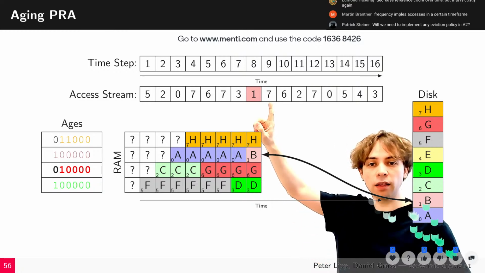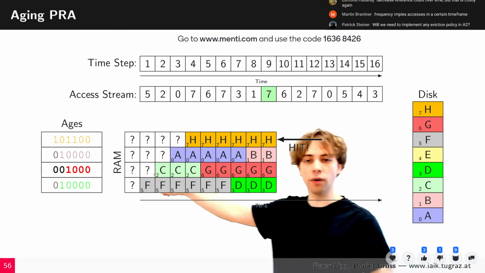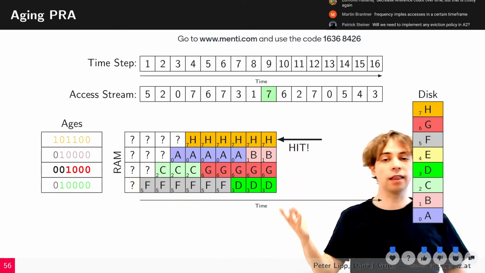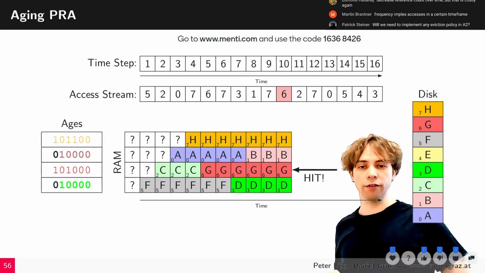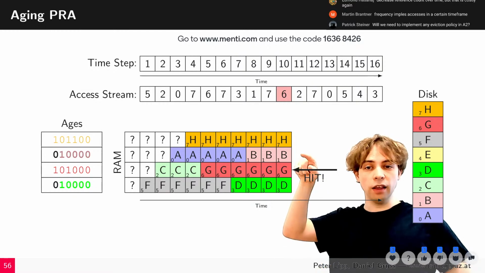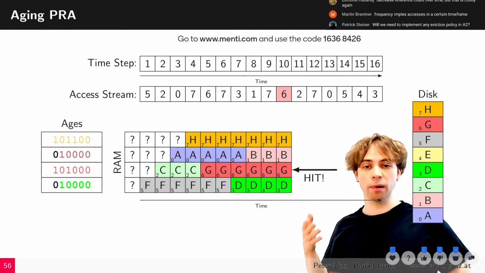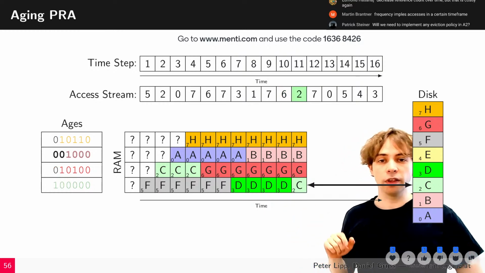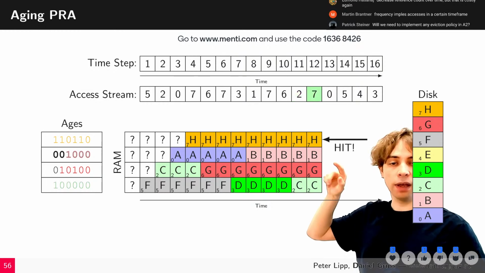So here we access offset number 7 and we shift. Okay, you can see that it was shifted. It's still the oldest page. Then we have a hit on this location, so it's now the youngest page, and these two are now the oldest pages, and one of them is going to be replaced in the next step. Let's say this one. So this is replaced. In the next step we have an access to number 7, so it's again a DRAM hit.